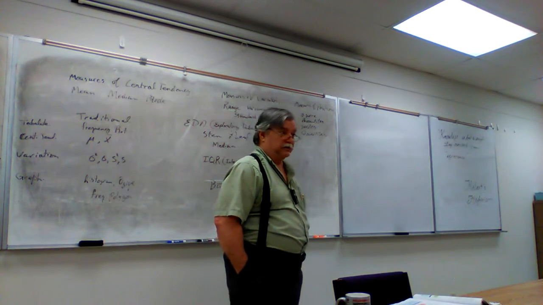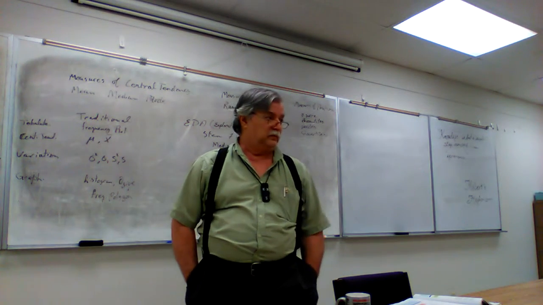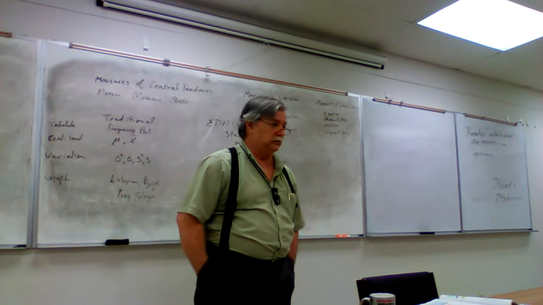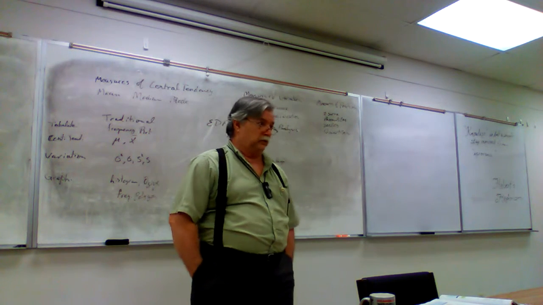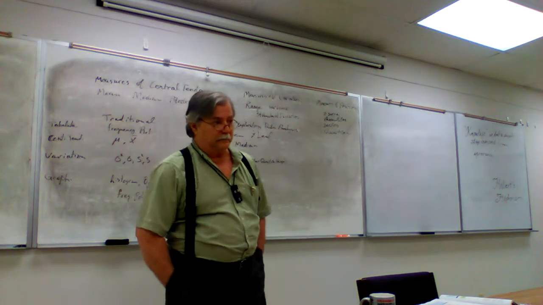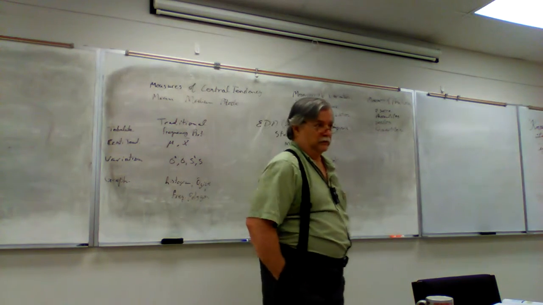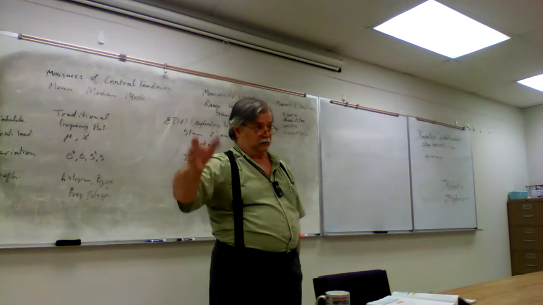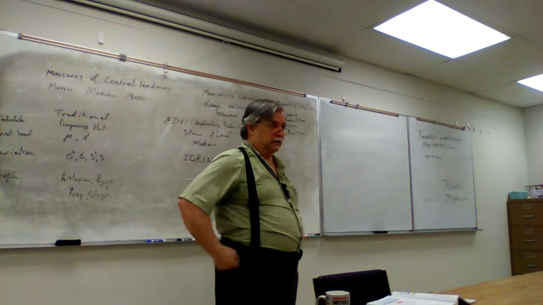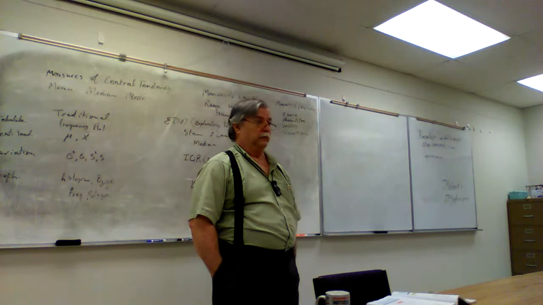Q0 is the lowest data value. Q3 is halfway between Q2, the median, and the maximum data value, and Q4 is the maximum data value. Below that there's all of the data, 100% of the data.